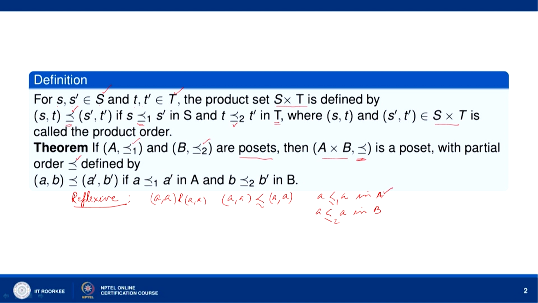We have to prove that (a, b) is related to (a, b) in A cross B, and the relation is this. That means we have to show this one.